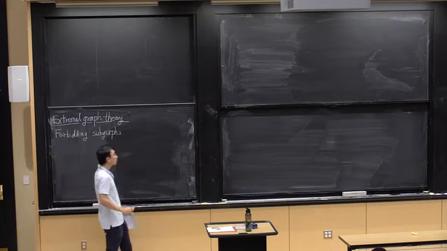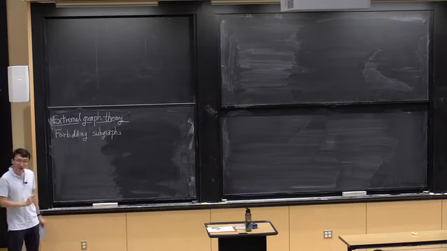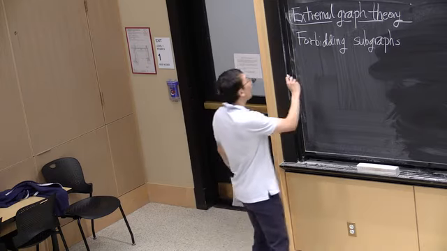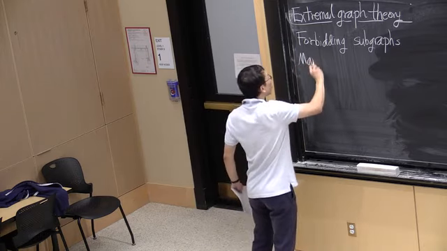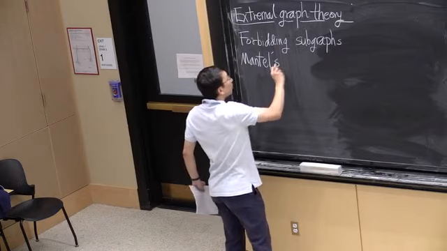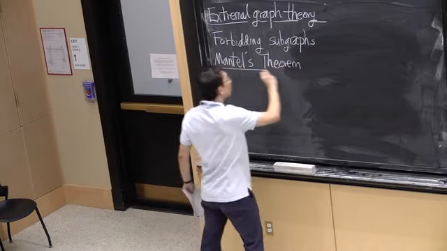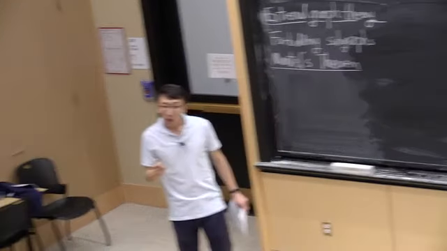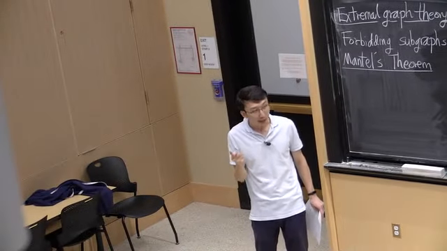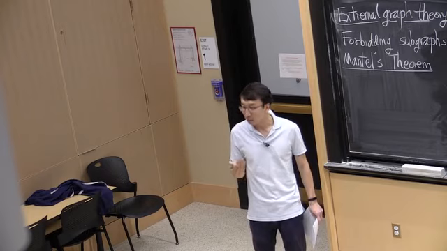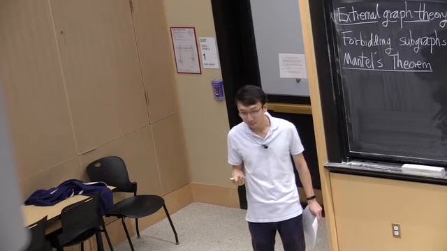In particular, and this is the question that we saw at the end of last lecture, which now we're going to present as a theorem, Mantel's theorem essentially asks: if you know that your graph has no triangles, what's the maximum number of edges it can have?